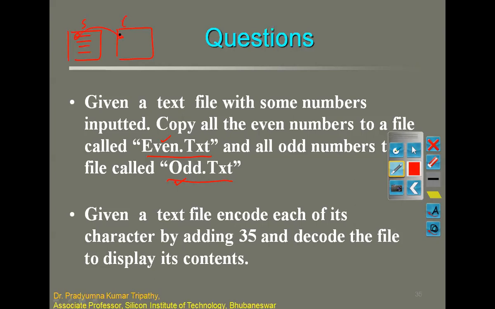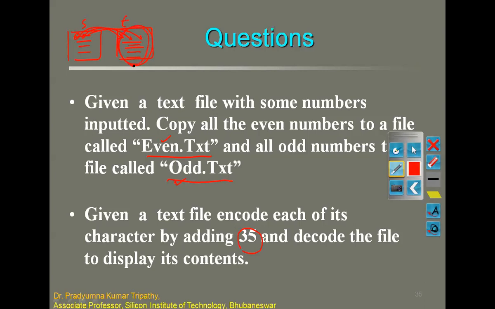So each character I will add 35 to and write into the target file. So this target file will contain the text which is encoded. Encoded means one cannot decode what is written over here. Suppose each character is added with the value 35 and written into the file, then one cannot understand what is written over here.